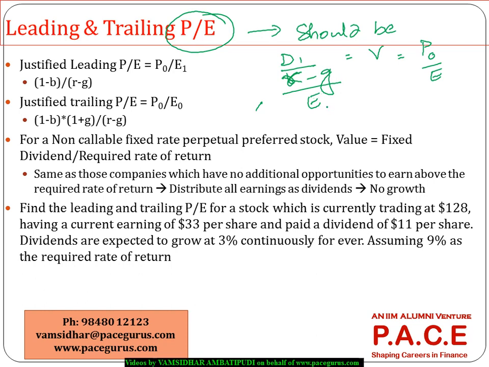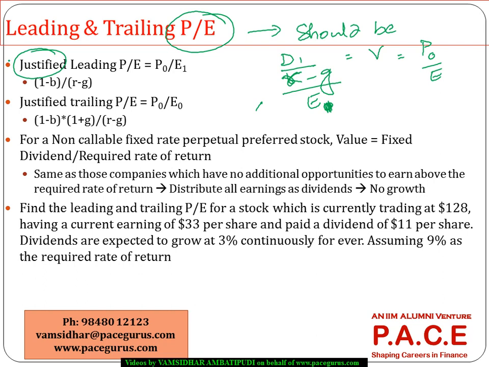But yes, if I am taking the past earnings, I call it the trailing P by E ratio. If I take the next period earnings, I call it the leading P by E ratio. That's the only difference. And the P by E that is computed not from the market price but from the valuation price, we call it the justified P by E, because it is what the P by E ratio should be.